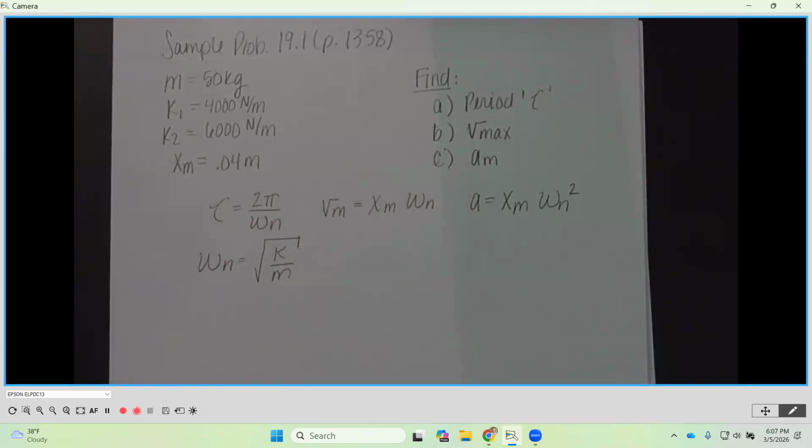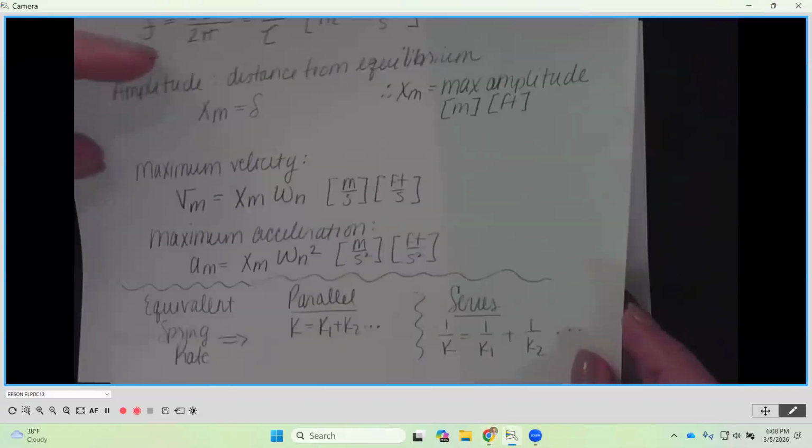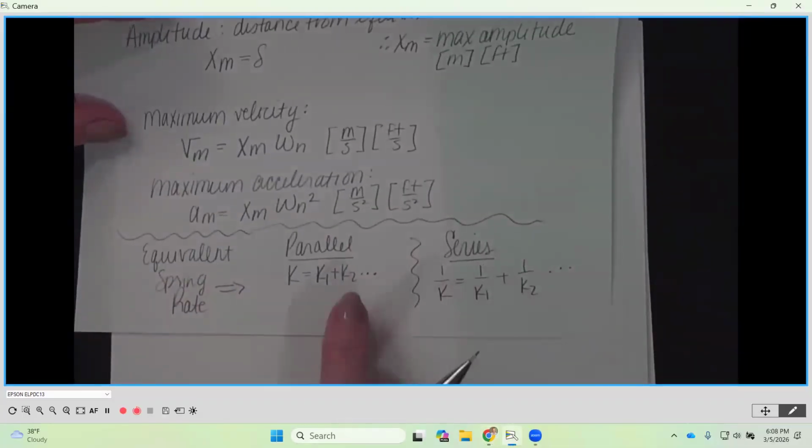Now, the spring rate. If we go back to our illustration, because it's a little more clear than on that paper, the first one we're going to look at is the parallel arrangement. We need to find the equivalent spring rate of 2 springs in parallel. On our equation sheet, that was this bottom part right here.